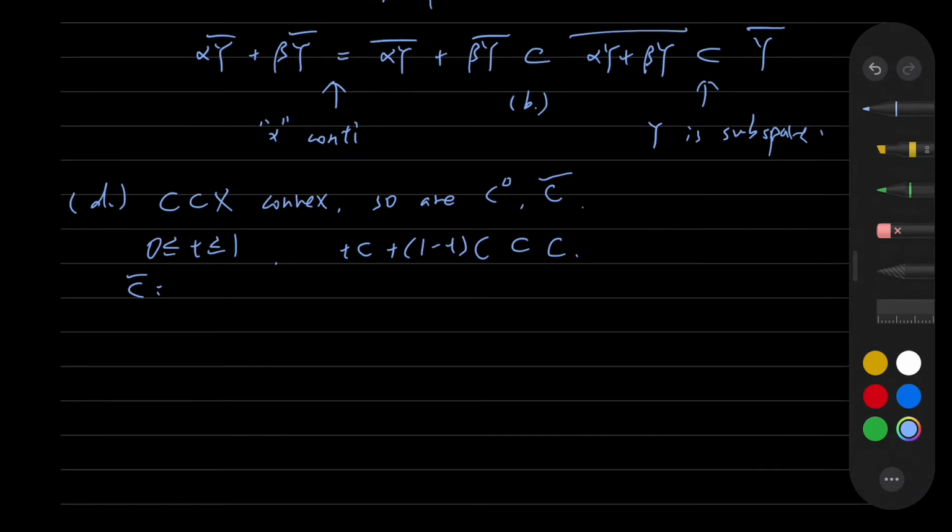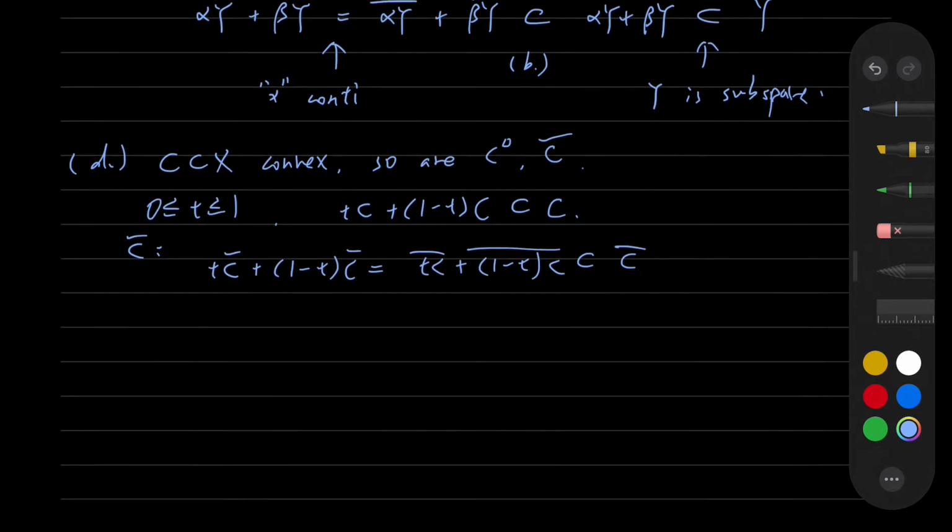It's again by B, and the fact that scalar multiplication is a homeomorphism. So first step, we can move the closure to the whole thing. The next step is by the fact that C is convex. So the closure part is very easy.